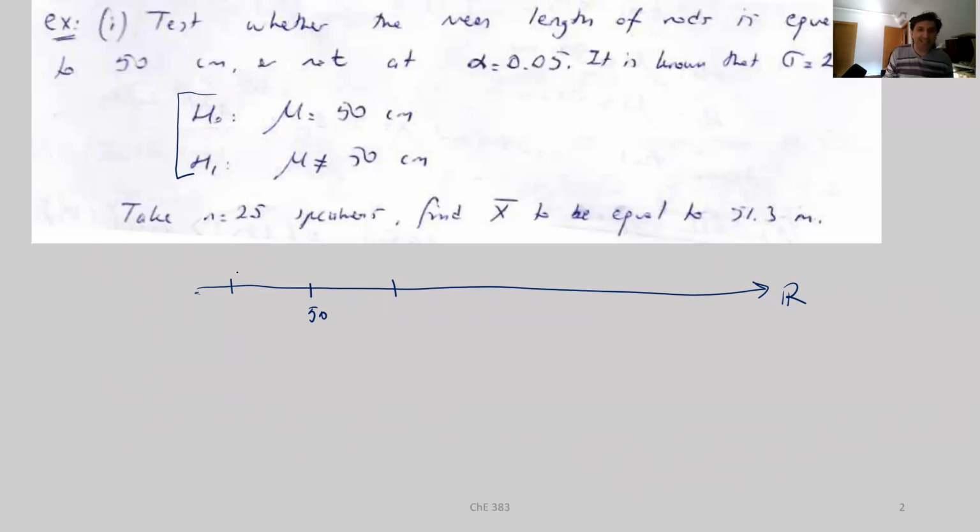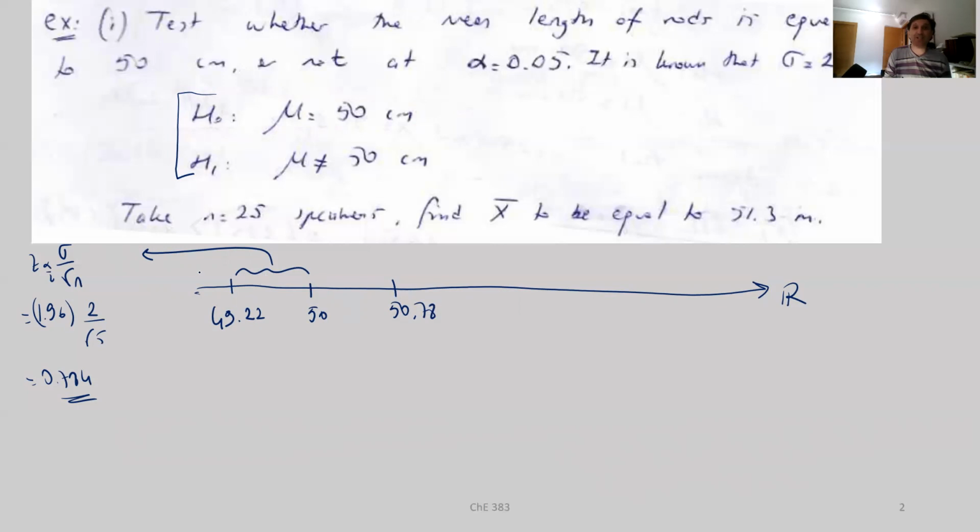This region is going to be equal to Z alpha over 2 sigma over square root of n. I have computed this value previously, but let me compute it again. It's going to be 1.96 times 2 over square root of 25. It's going to be equal to 0.784. So this value is going to be 49.22, something like this, and this one is going to be 50.78.